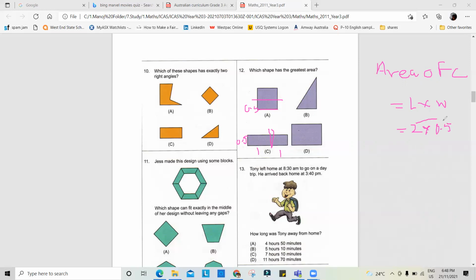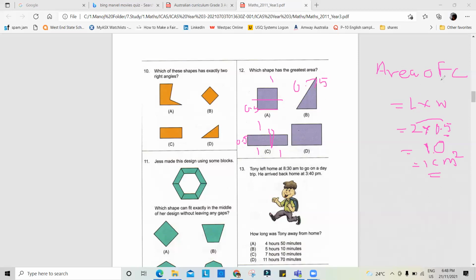Now if you multiply this together, 0.5 multiplied by 2, 5 times 2 is 10, and with only one decimal point, we put the decimal point here. Answer is 1 square centimeter. It's the same as this one. This is 1 and this is 1. We got 0.75 for B so far, right?